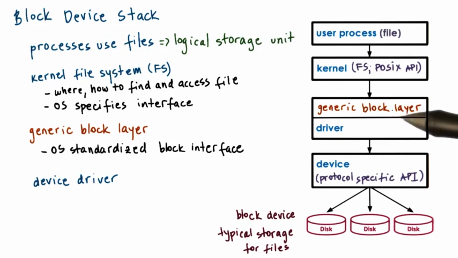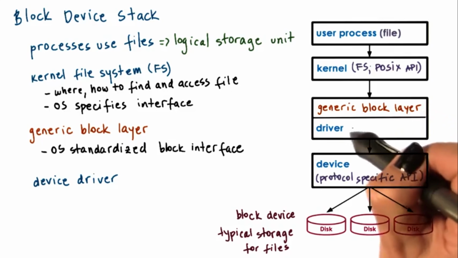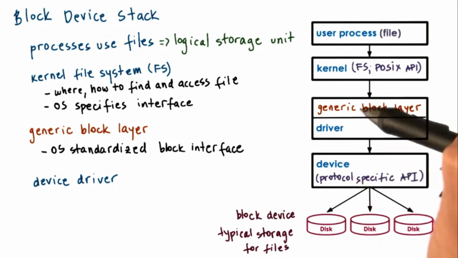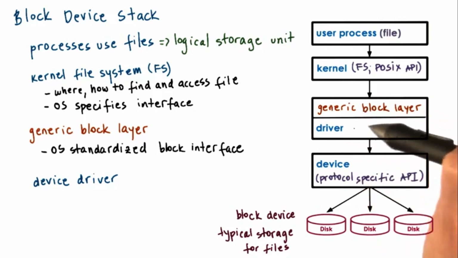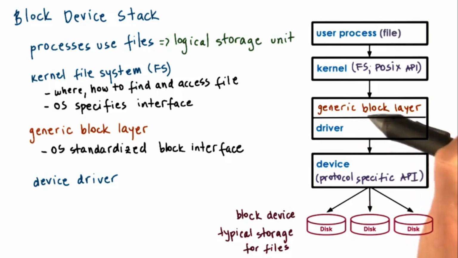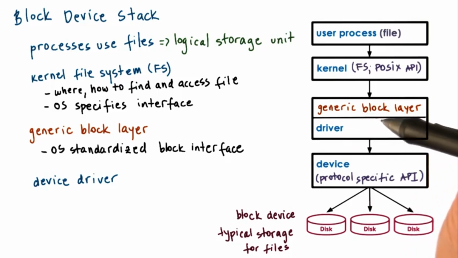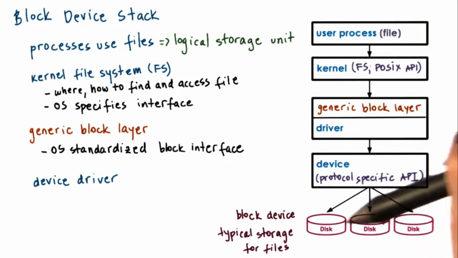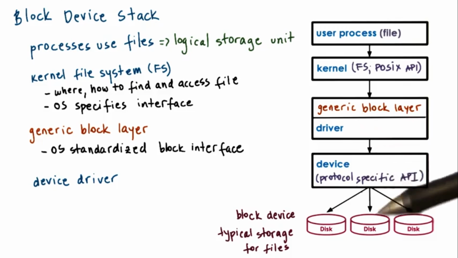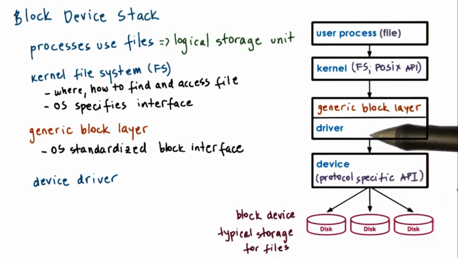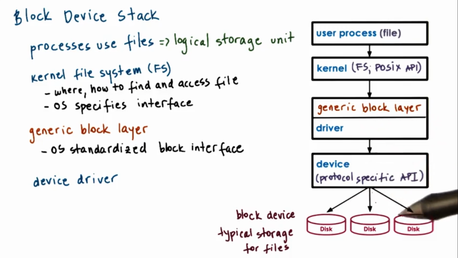And this layer will know how exactly to interact with the particular driver, so how to pass those operations to the particular driver and how to interpret the error messages or notifications or responses that are generated by that driver. Any lower-level differences among the devices, like the protocols that they use, etc., will be handled by the driver. It will speak the specific protocol that's necessary for the particular device.